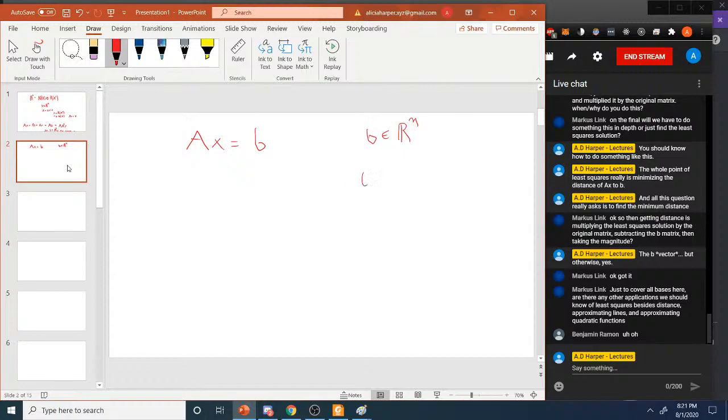In particular, we can use the fact that R^m is equal to the direct sum of the null space of A transpose and the column space of A, to write b is equal to m plus n, where m lives in the column space of A, and n lives in the null space of A transpose.